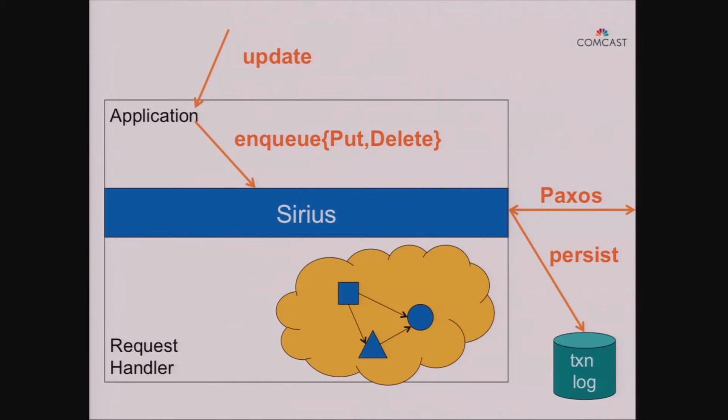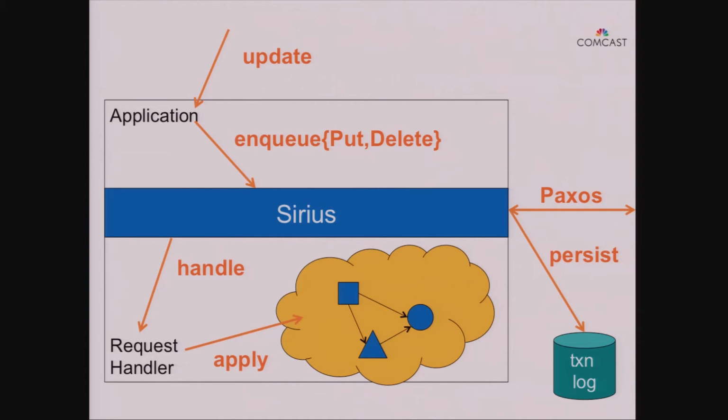And so at the appropriate time, it issues the callback to that request handler. And this is the point where you update your native data structure. One of the things you can imagine is a null Sirius layer, which is when you say enqueue put or enqueue delete, it actually just turns around and calls your callback. Like you could imagine that.